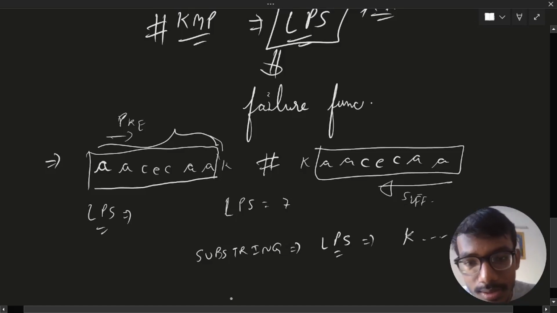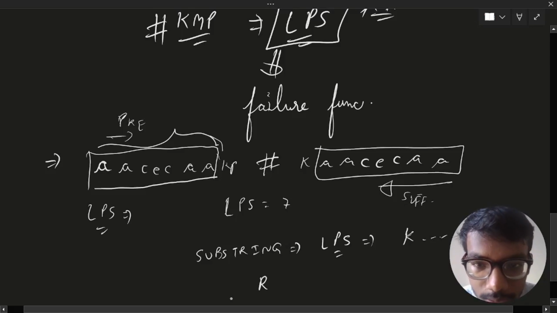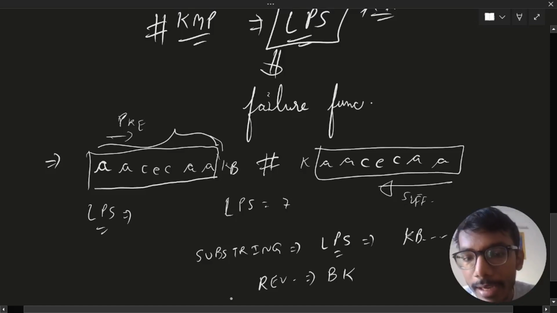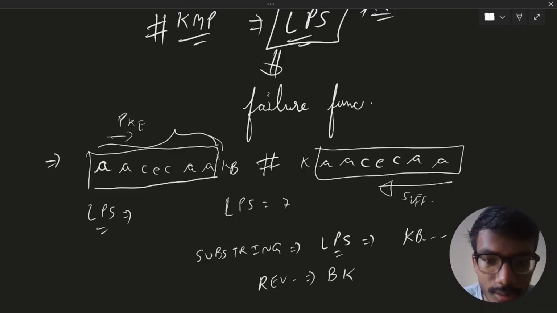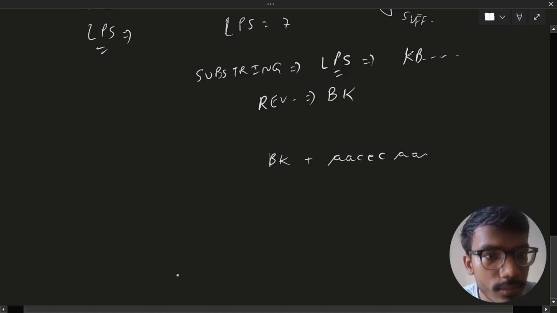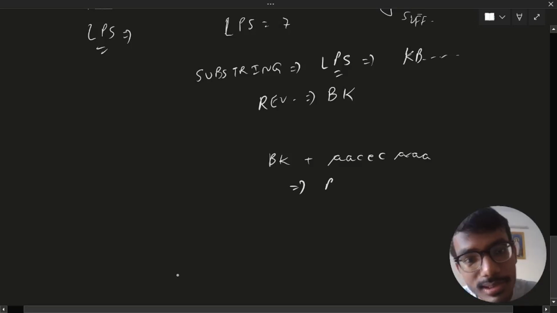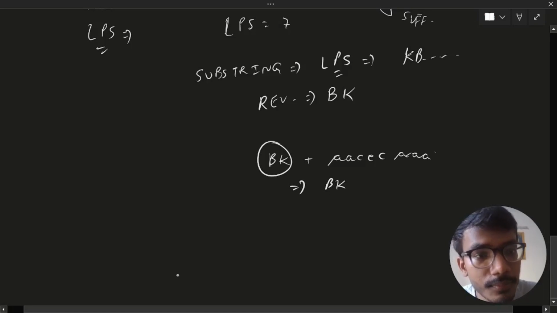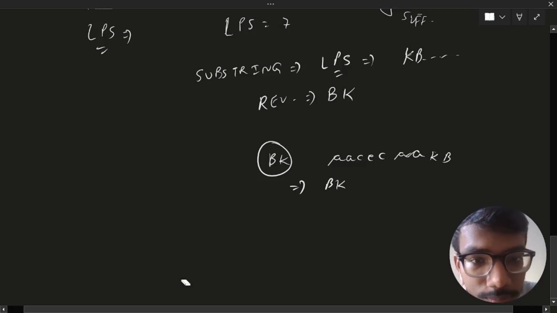If I reverse this, so let us say I had kb, the reversal is bk. Now if I append this to the original string, bk plus aacec, this is our answer. I have to insert this. This is a palindrome.